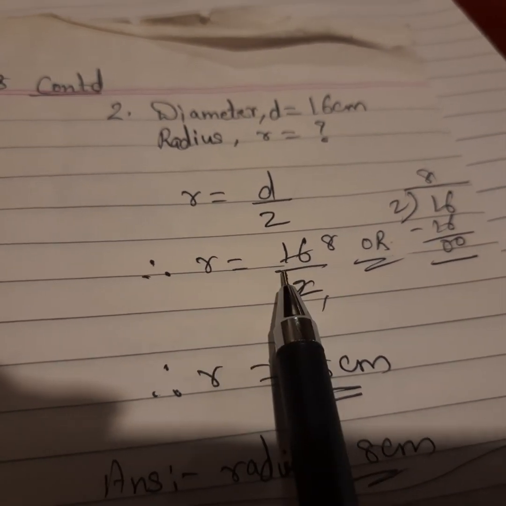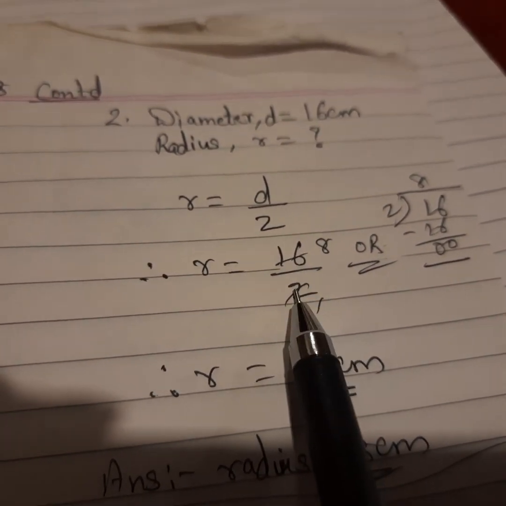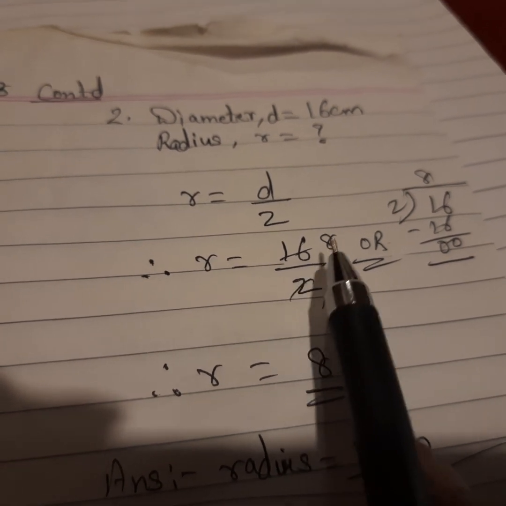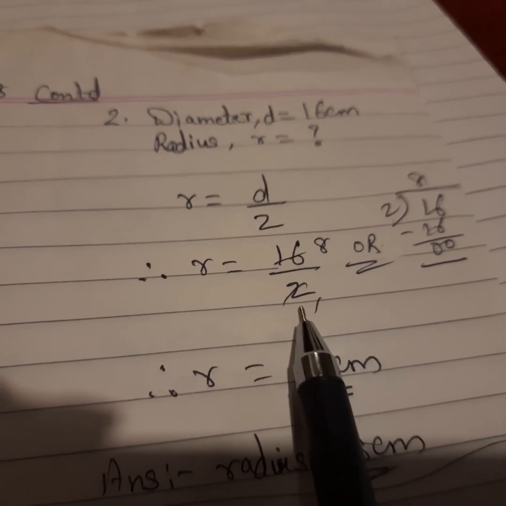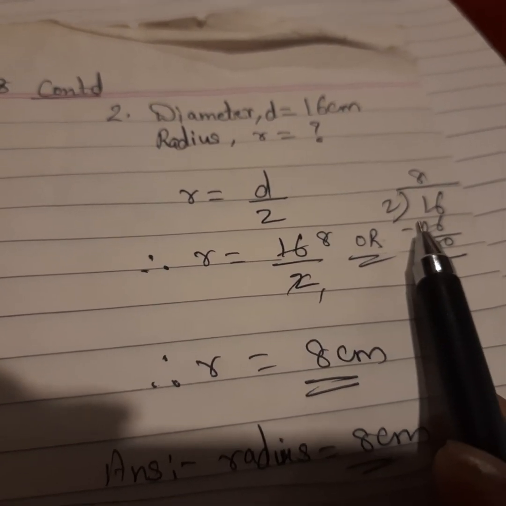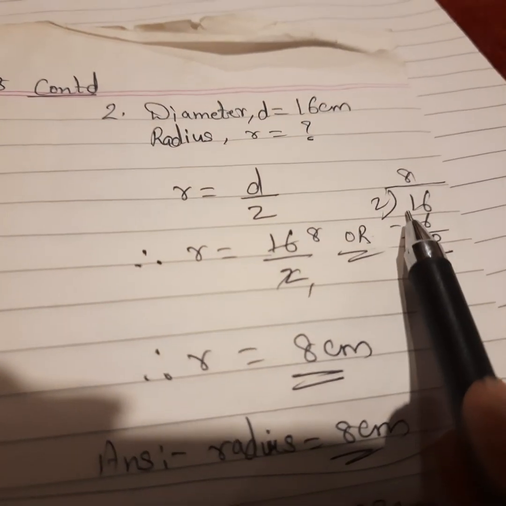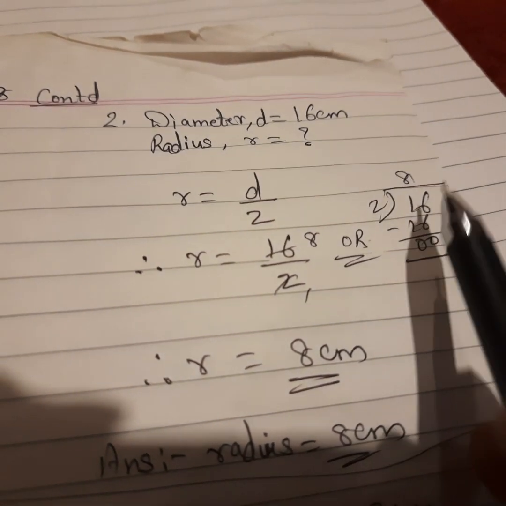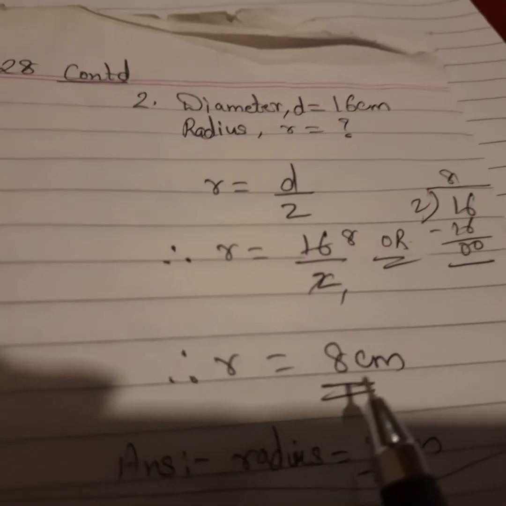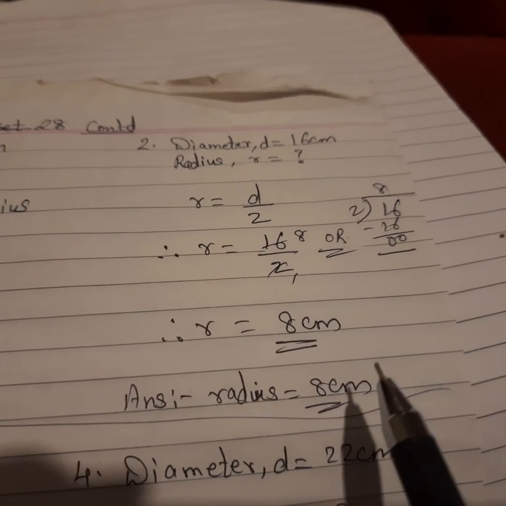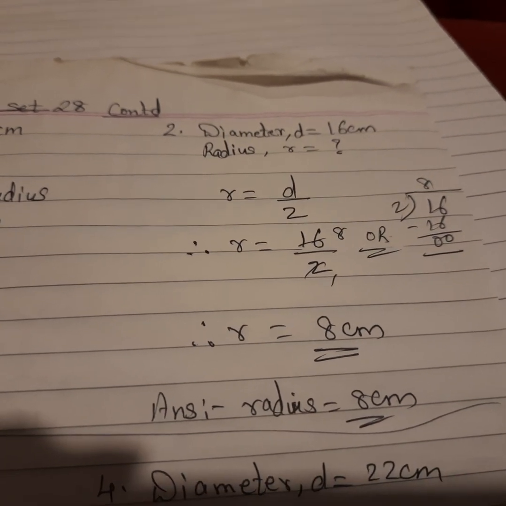So therefore r is equal to, diameter is 16 upon 2. Cancel. 2 1s are 2, 8s are 16. If you don't know this cancellation, go for division. 16 divided by 2. So 2 8s are 16. 8 is the answer. Radius is equal to 8 centimeter. Therefore radius is 8 centimeter.